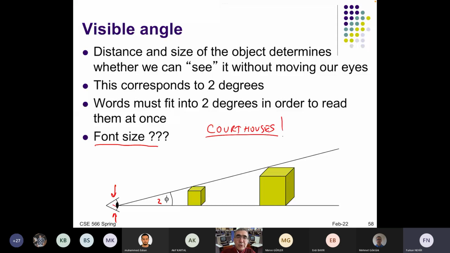You need to go to the door in order to understand whether that door is the door you are looking for or not.